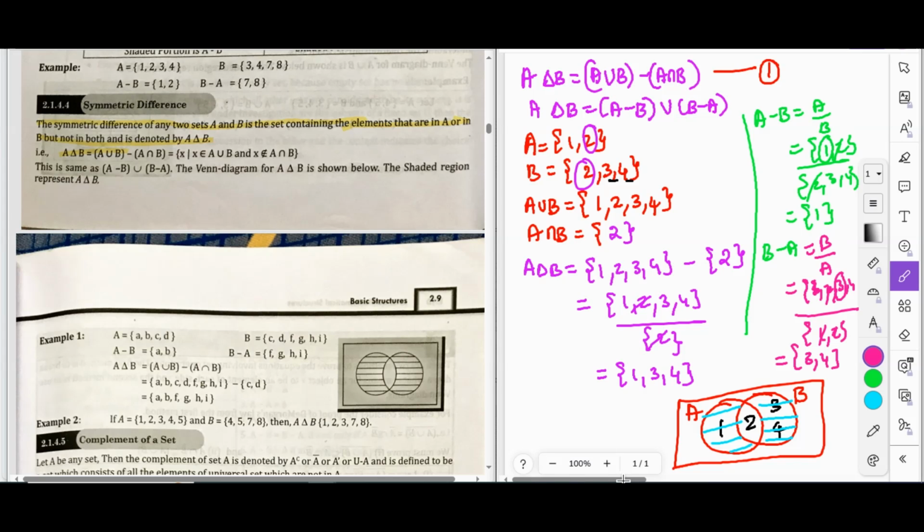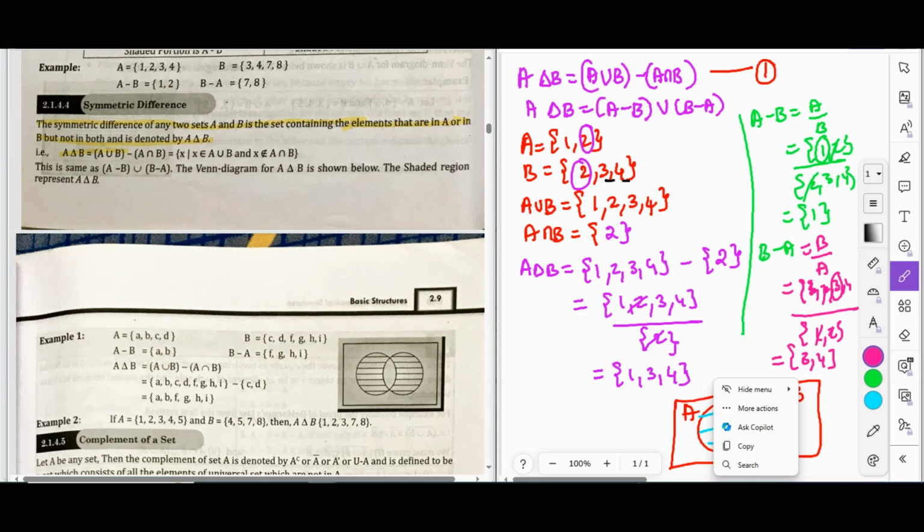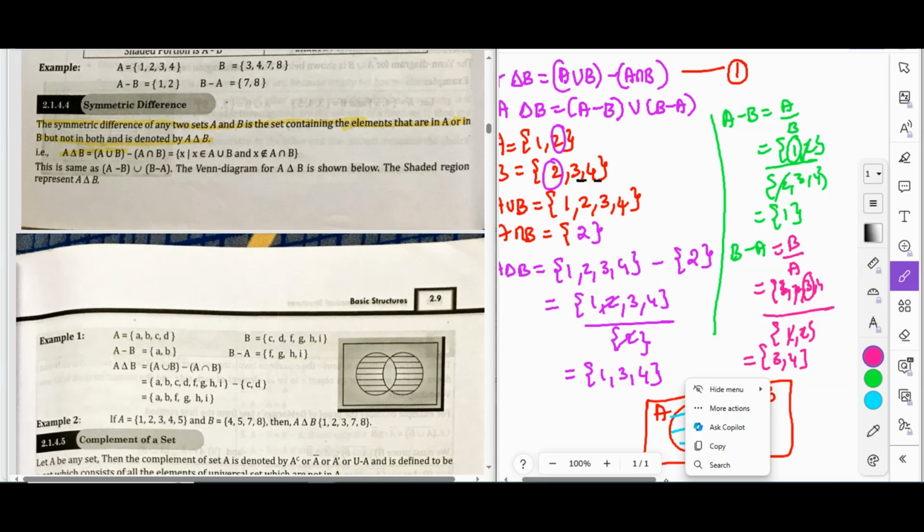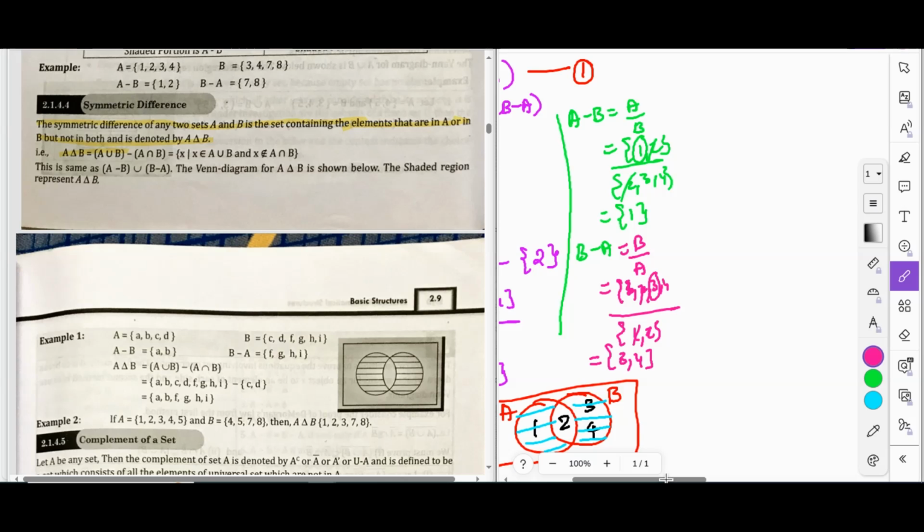So now what should we do? The formula is A minus B union B minus A. So both the answers we should take and find the union of these two. So A delta B will be A minus B union B minus A. So it is 1 union 3 and 4.